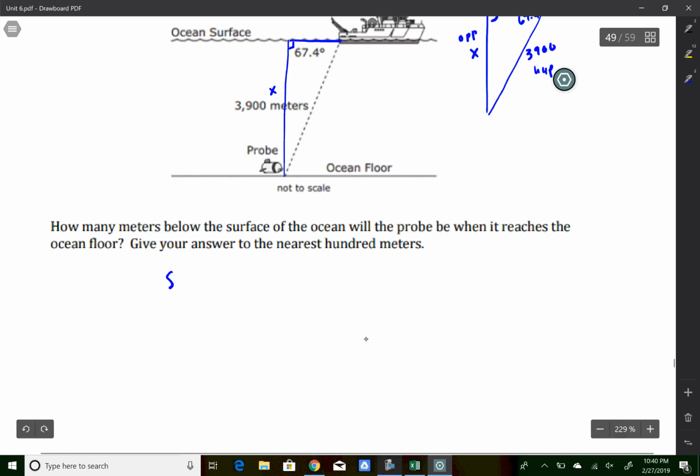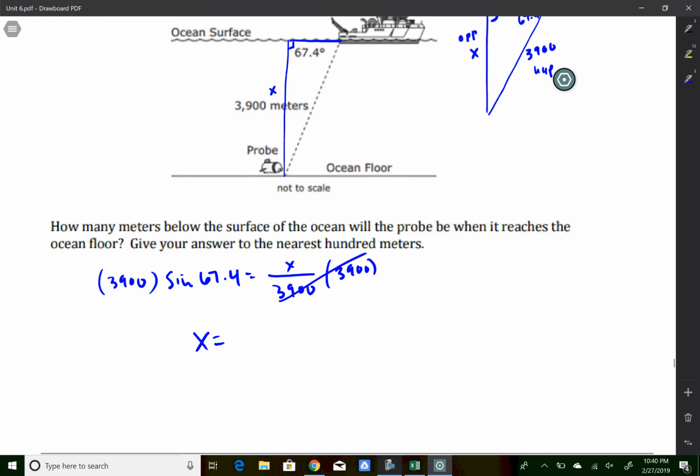So I could say the sine of 67.4 is equal to x over 3,900. This distance should be less than 3,900 because the hypotenuse should be the longest side. Multiply both sides by 3,900, and we get x equals 3,900 sine of 67.4.